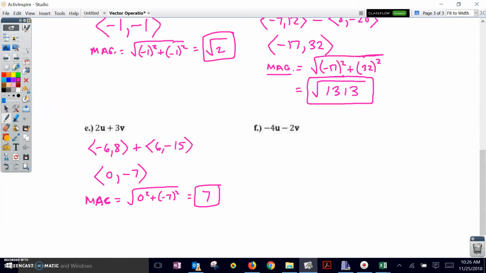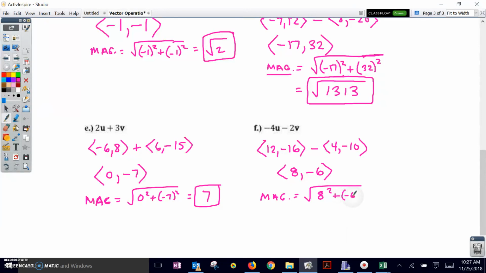And then lastly, part F here, we've got -4u, which is the vector <12, -16>, minus 2v, which is the vector <4, -10>, and when we combine those, we get the vector <8, -6>, and the magnitude of that one is the square root of 8 squared plus -6 squared, which is the square root of 100, or 10 as its magnitude.